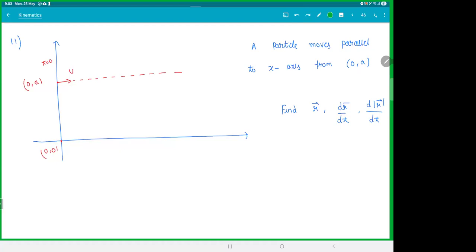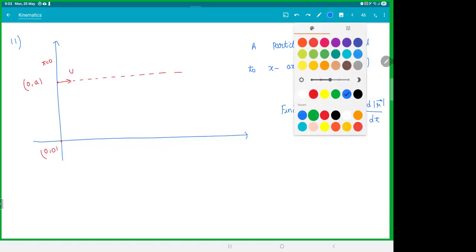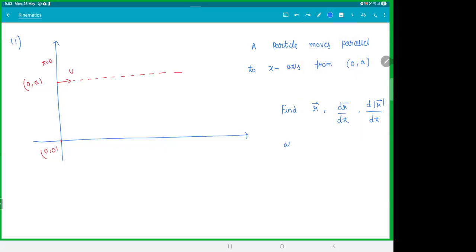Let's get this. The particle is going on a straight line. Find r bar at time t. Find dr by dt. Find d mod r by dt. Hope the question was clear. If anyone finds the question unclear, please ask me.